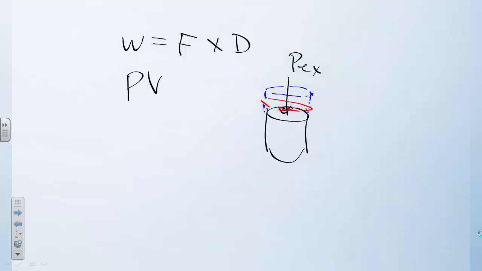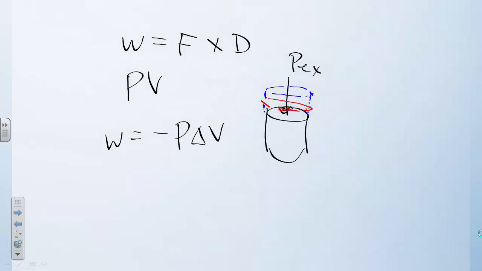So for PV work, W is equal to minus P delta V. The reason for that minus sign is that when we have an expansion, our system is doing work, and delta V is going to be positive, so we need to insert that negative sign ourselves.